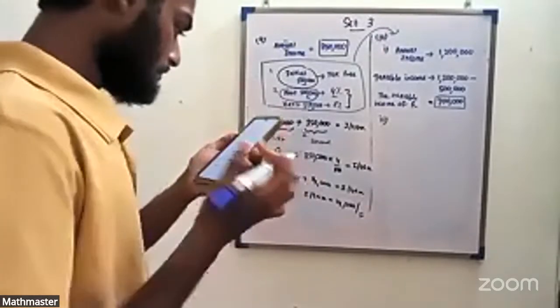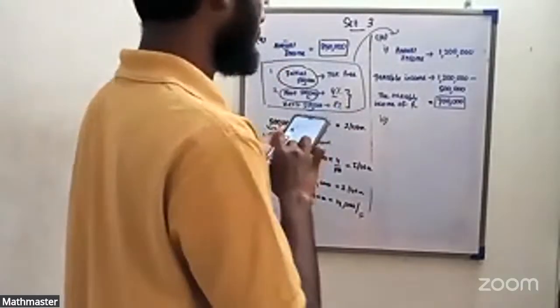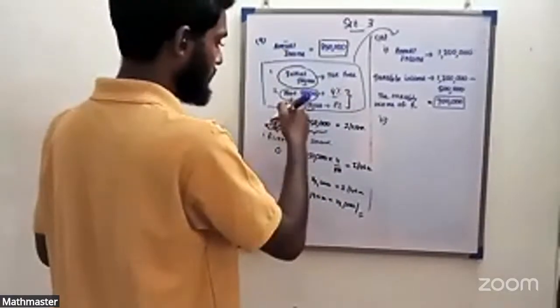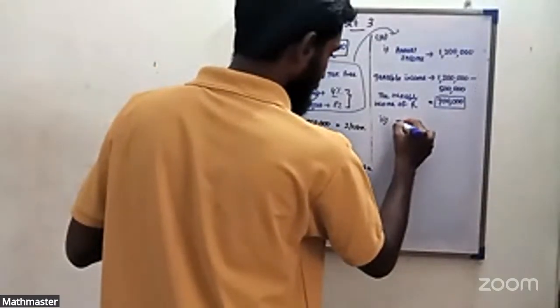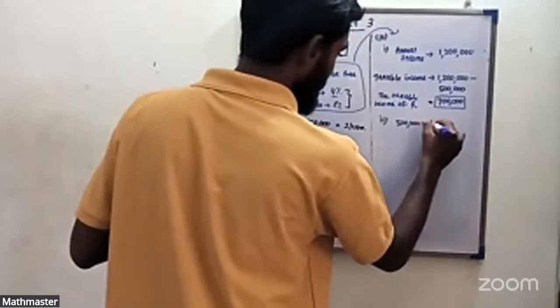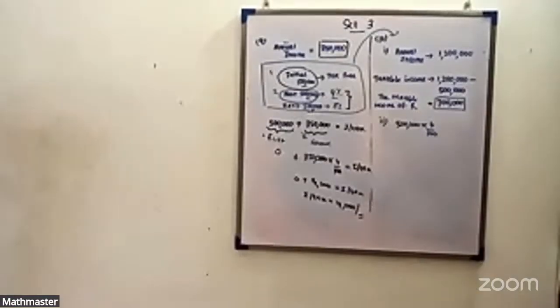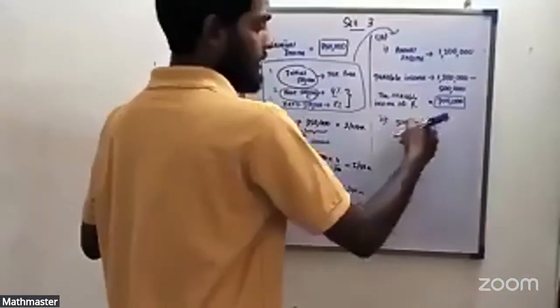Part 2. Find the amount of tax he has to pay for the second 500,000 of his income. The second 500,000 is 4%, right? So 500,000 times 4 over 100.